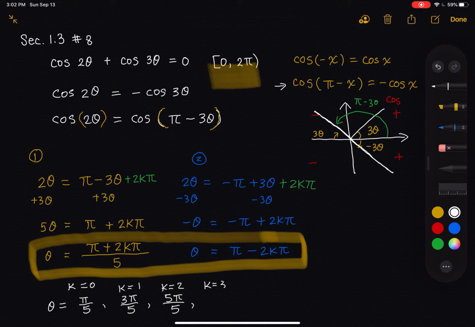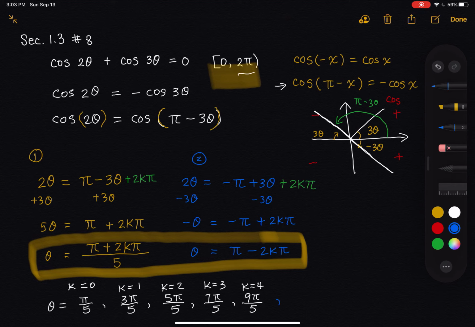K equals 3, we get 7 pi over 5. And when k equals 4, we get 9 pi over 5. Now we don't need to plug in k equals 5 because that is bigger than 2 pi. So we stop right here.